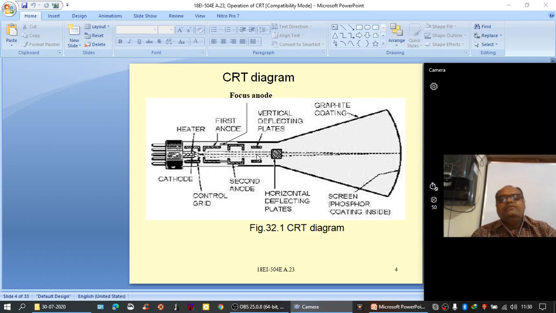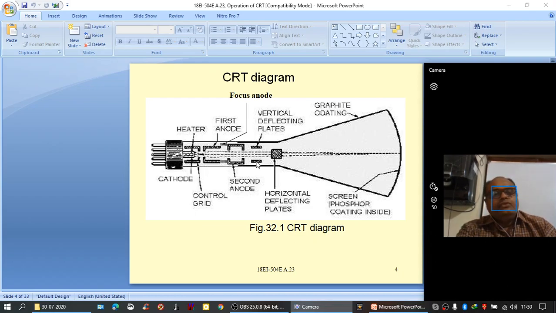The electron beam starts moving gradually towards the upper plate in the first quarter of the cycle. During the second quarter of the cycle, it starts moving away from the upper plate and settles at the center. During the negative half cycle, or during the third quarter of the vertical input, the electron beam starts moving towards the lower plate.